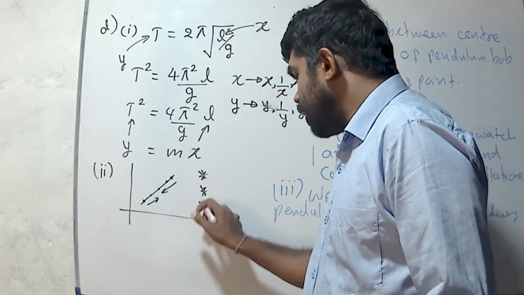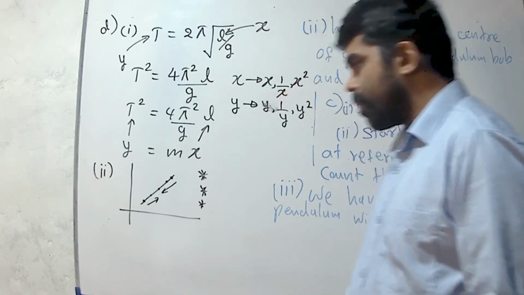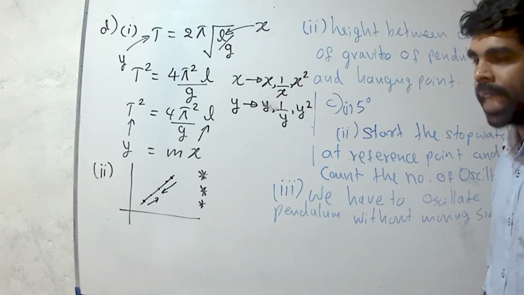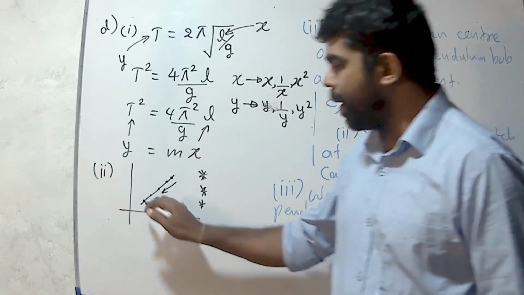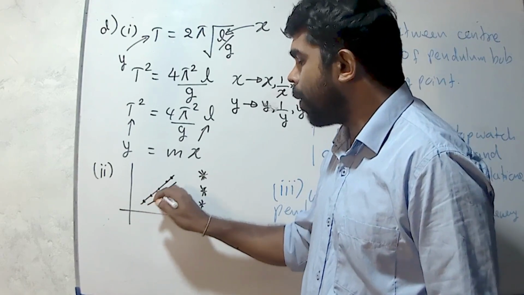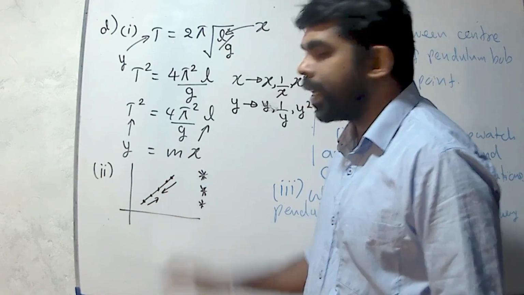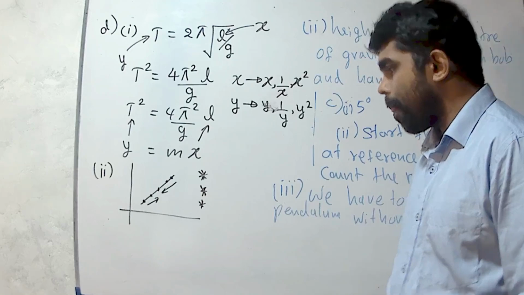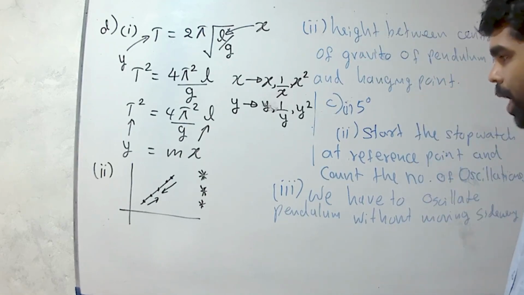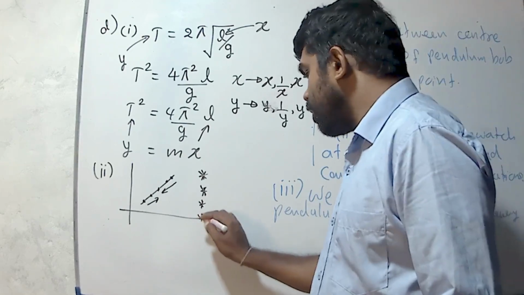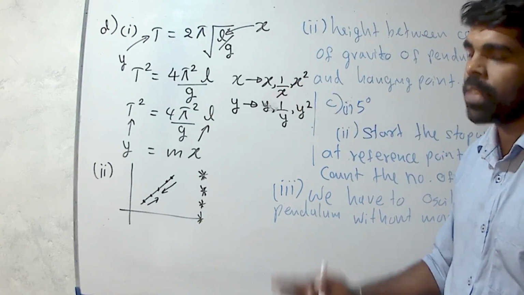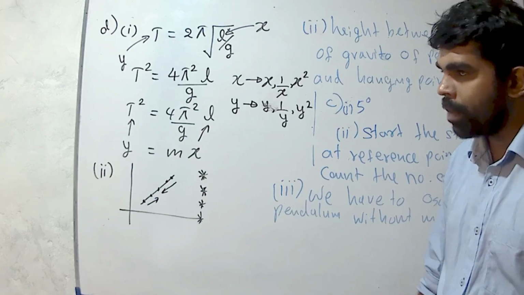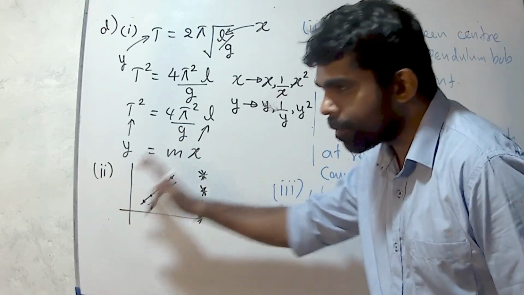Then third point, we can't use marked points when finding the gradient. Then fourth point is we have to select 2 points with maximum distance, but within the mark points.